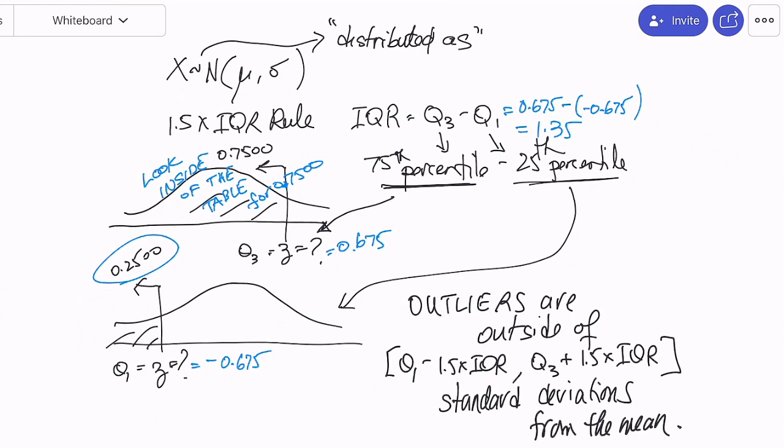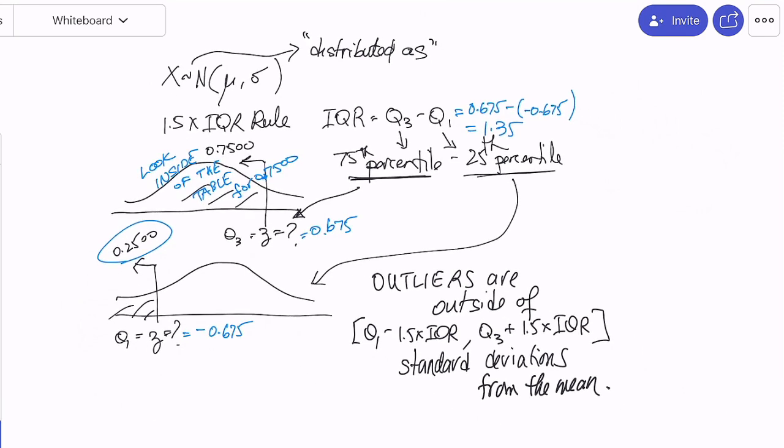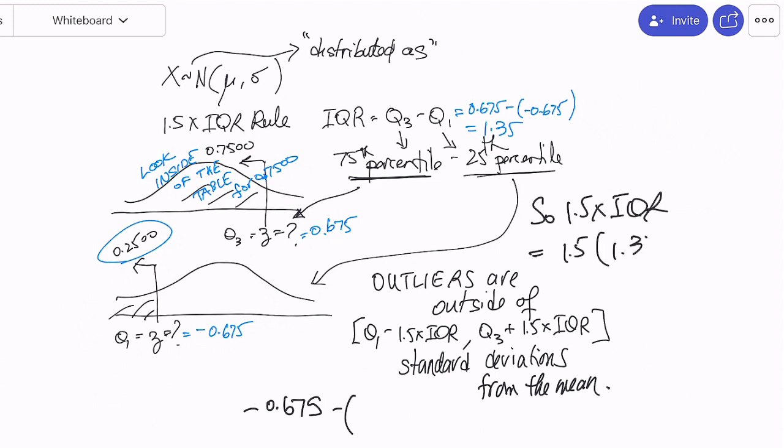So some people are getting it, so if I do this, Q1 is negative 0.675 minus, I should do this calculation, so 1.5 times IQR is equal to 1.5 times 1.35 from here, and then that's multiplied.